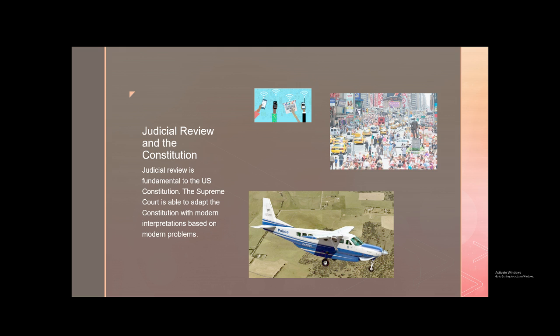So judicial review, because technology and circumstances exist now that were impossible to predict. The internet has unprecedentedly changed the way we communicate. How does that affect the First Amendment? What is still valid about the First Amendment? It turns out everything, but we have cities bigger than ever could have possibly been imagined.